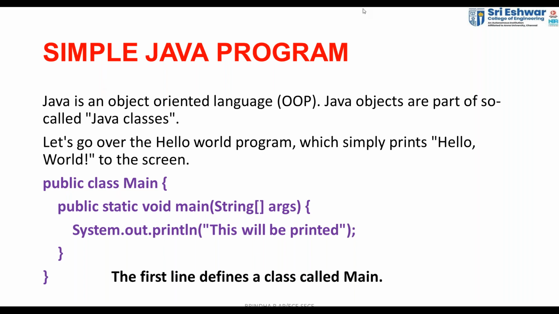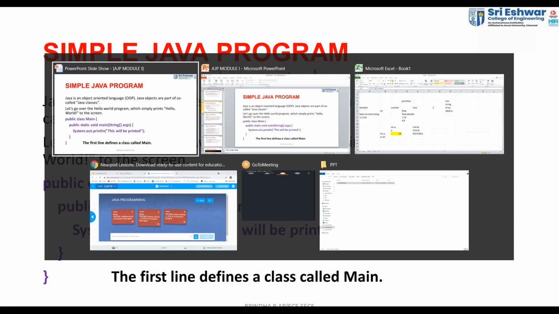How do we write a C program? First, we will be including the header file, isn't it? As include, and then main.